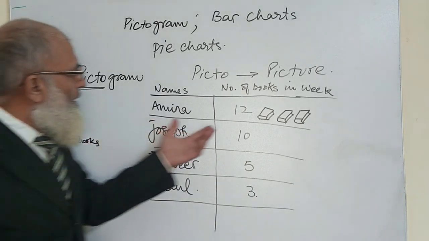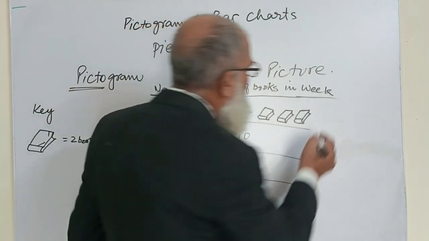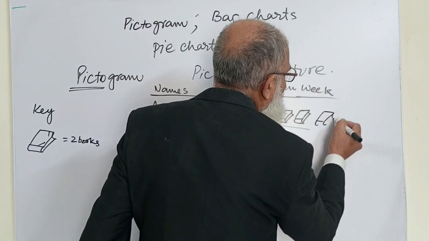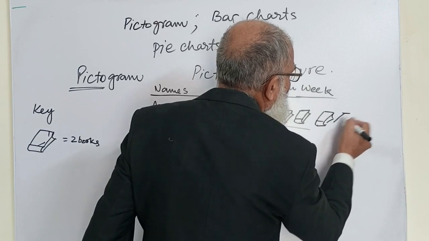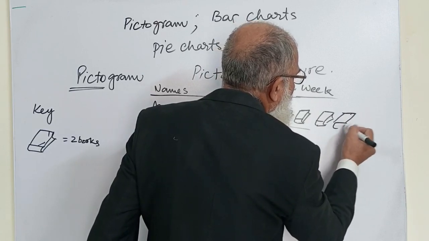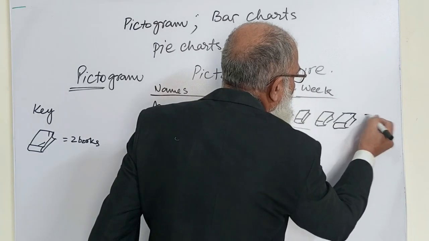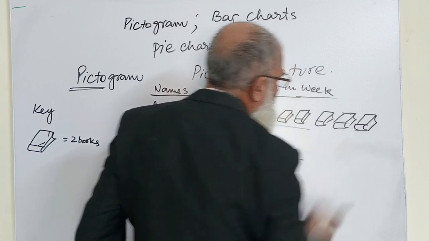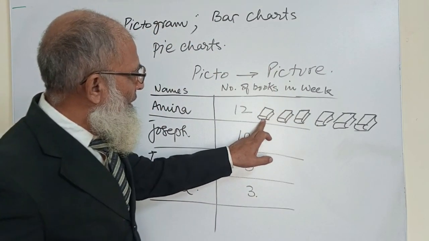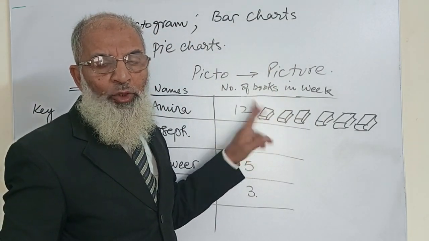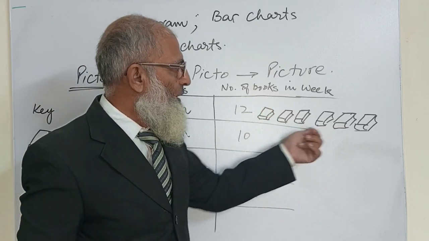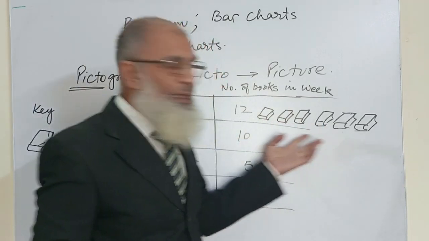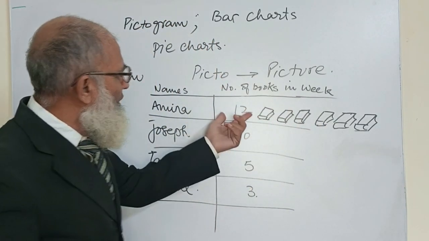So when there are 12 books, you have to make six books over here in picture. Now you see that each book is representing two books. Now 2, 4, 6, 8, 10, 12. That means these six books represent 12 in number.